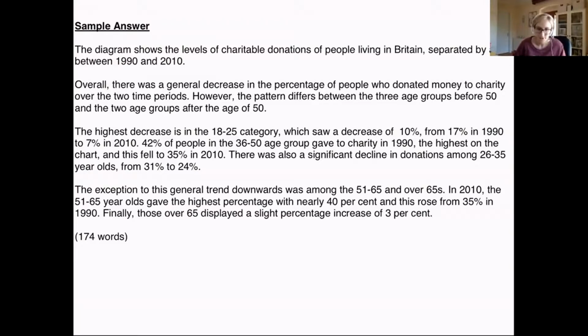The exception to this general trend downwards was among the 51 to 65 and over 65s. In 2010, the 51 to 65-year-olds gave the highest percentage with nearly 40%, and this rose from 35% in 1990. Finally, those over 65 displayed a slight percentage increase of 3%.